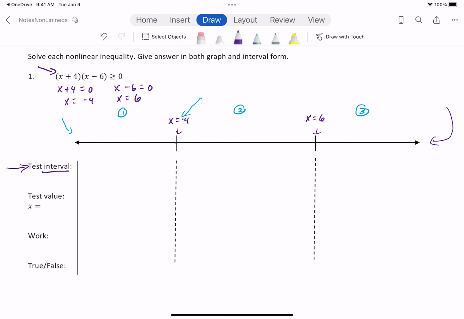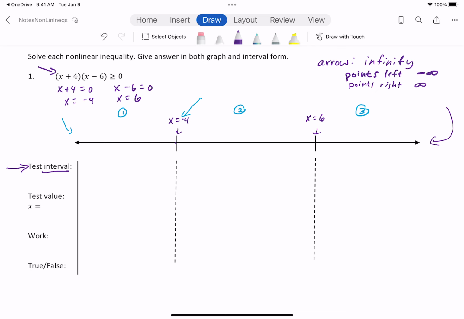So remember when we're talking about interval notation, if I have an arrow, then that means it's continuing forever, so we're going to be talking about an infinity. So if the arrow points left, it's a negative infinity, and if it points out to the right, it's positive infinity.